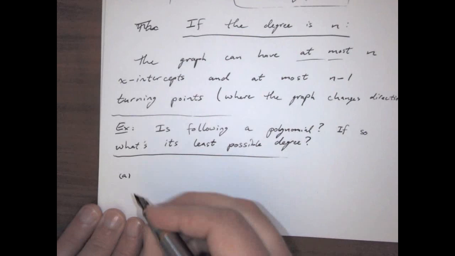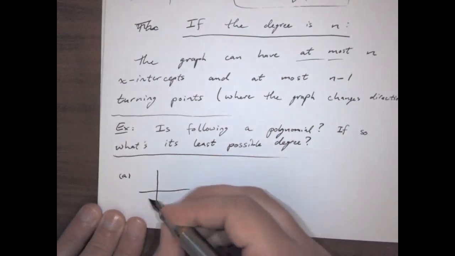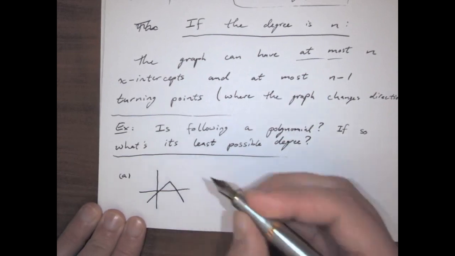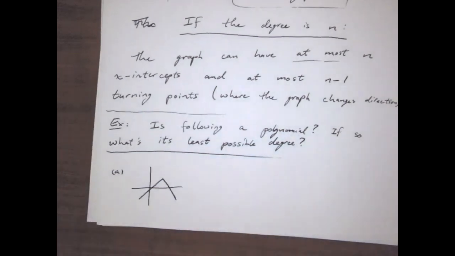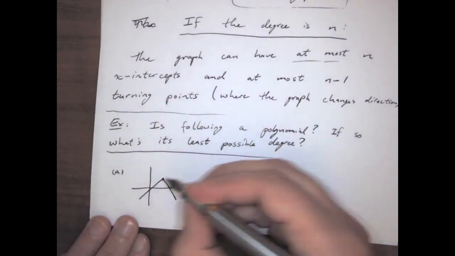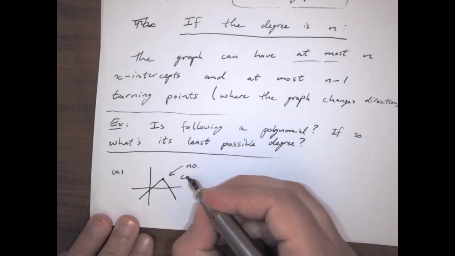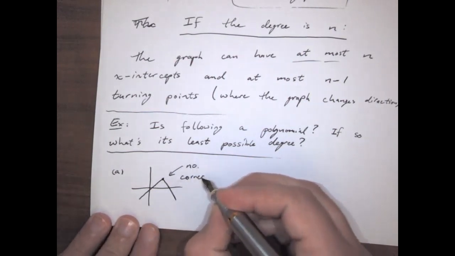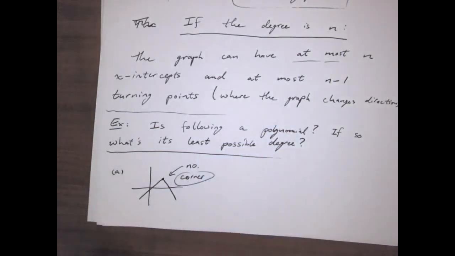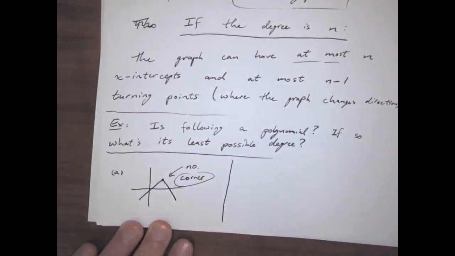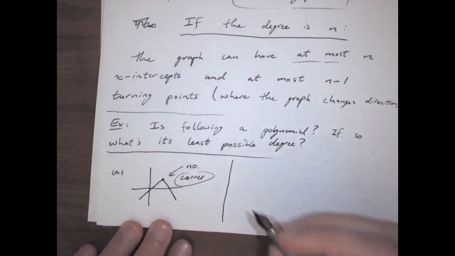Alright, so for the first graph, let's take something like this. So, quick answer, no, this is not a polynomial, it has a corner. So we know actually that this would look like a transformation of the absolute value. Namely, it would have a vertical reflection and it would be shifted up and to the right.